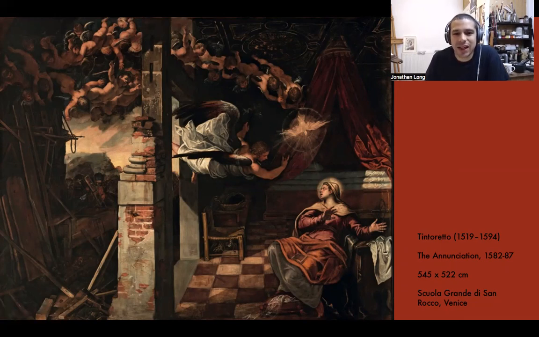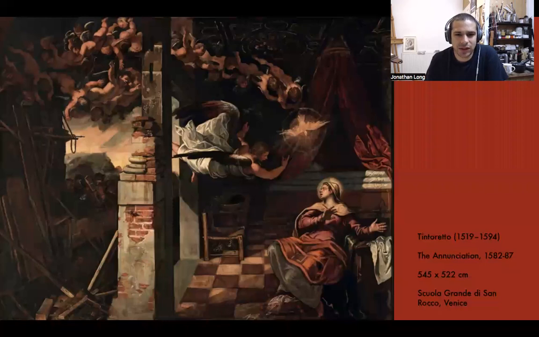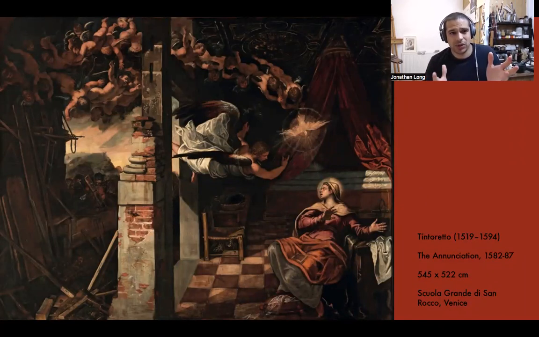So this is the Annunciation. We've all seen Annunciation paintings, but none that look quite like this. So the Mannerism, which is more dynamic, which decenters the primary subjects and creates a dynamic vortex of movement, is really pushed to an extreme in this painting.